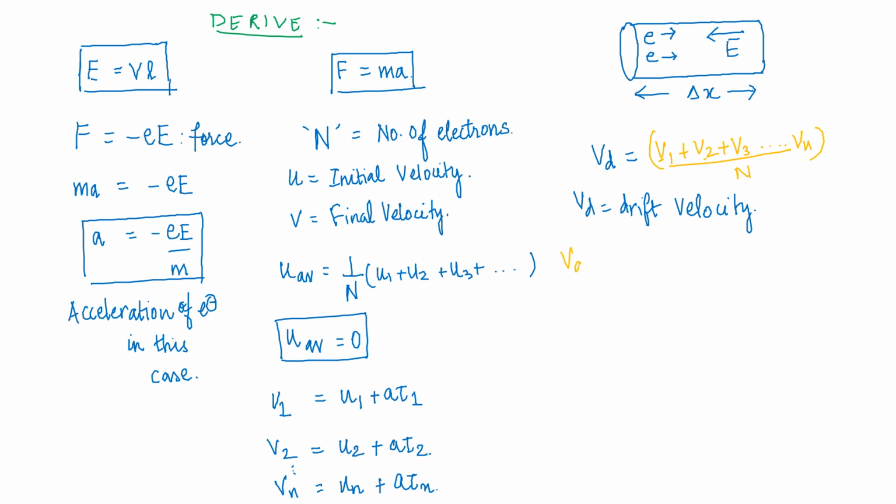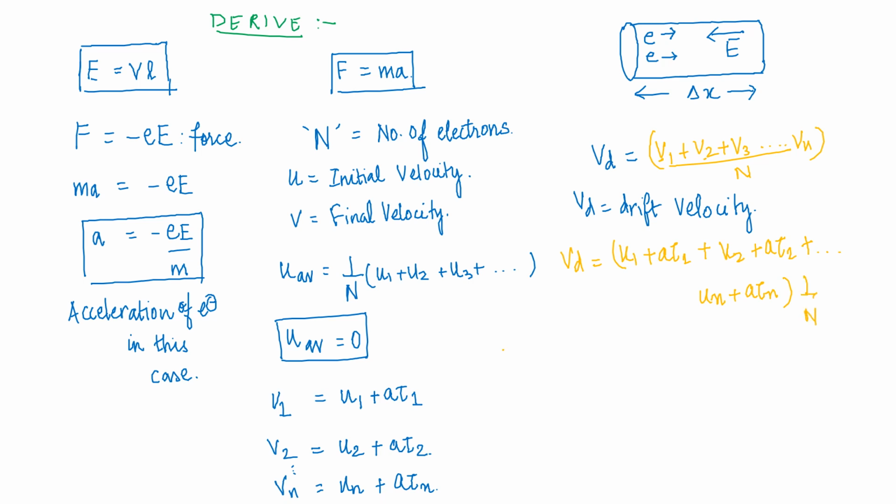Vd equals to U1 plus A tau 1, similarly U2 plus A tau 2, similarly it will go up to Un plus A tau n, and the whole divided by n.